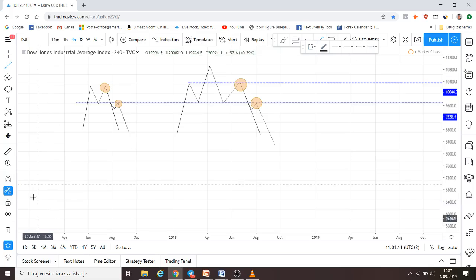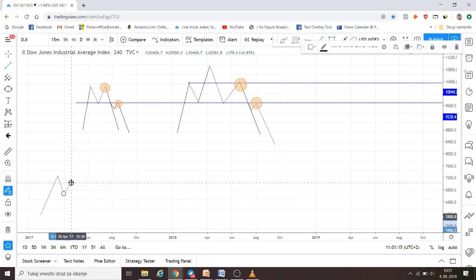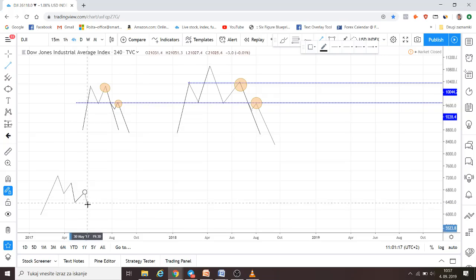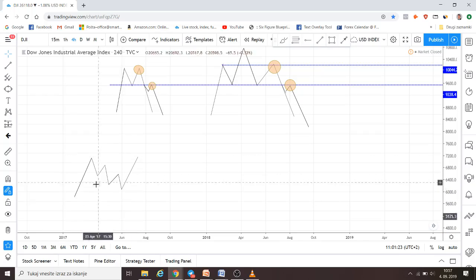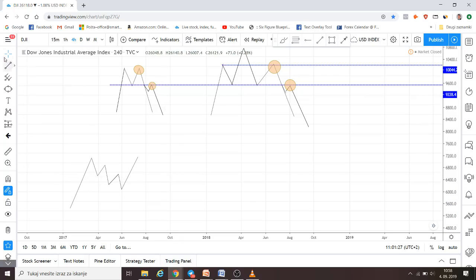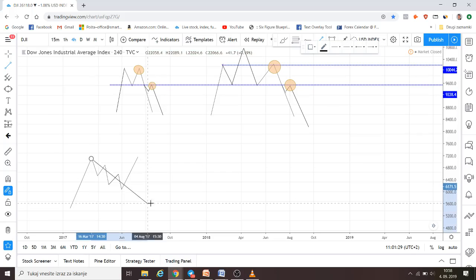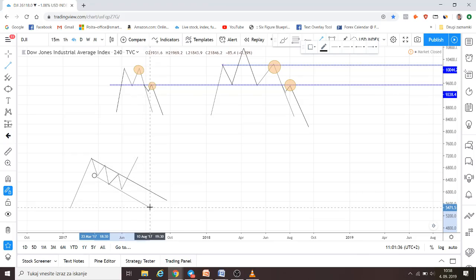These two are called reversal patterns. Reversal patterns. Okay, so what about continuation patterns? This one would be a continuation pattern. Have you ever noticed anything like that in the real market?